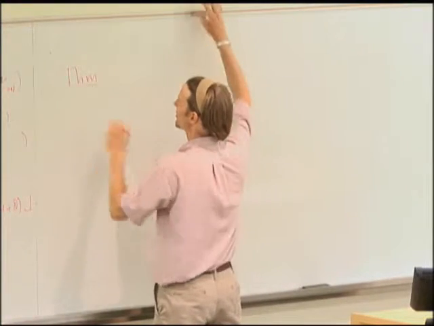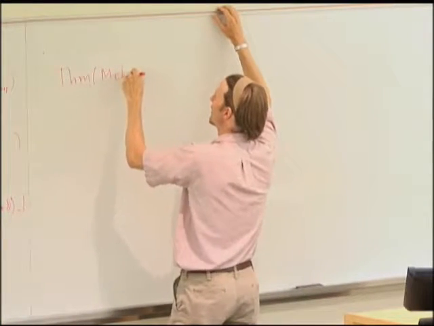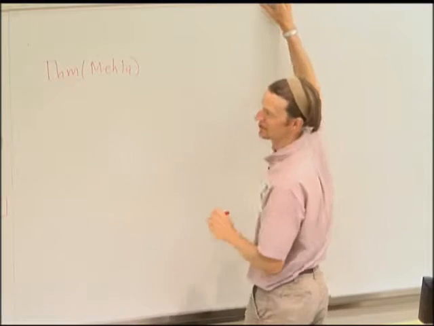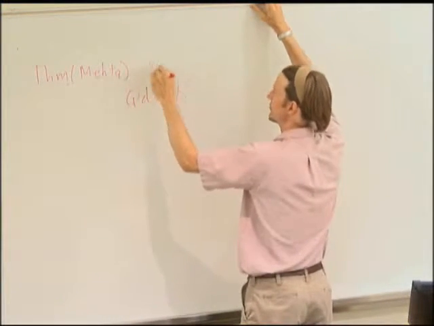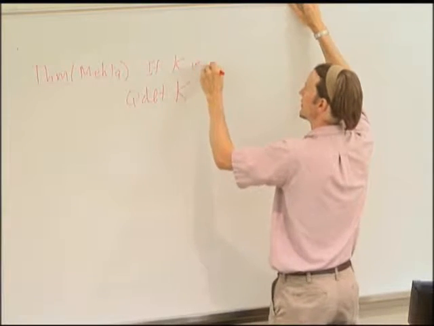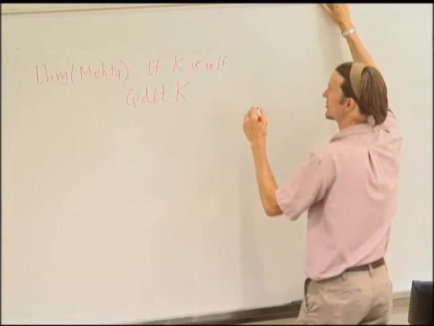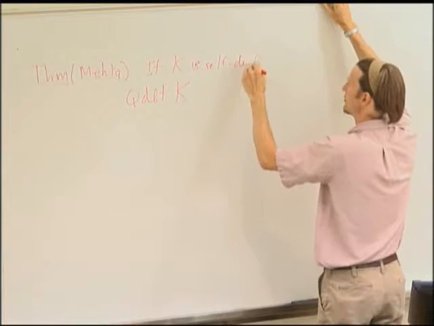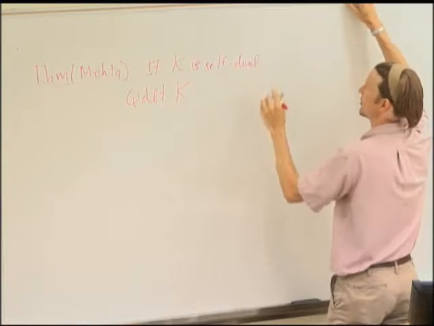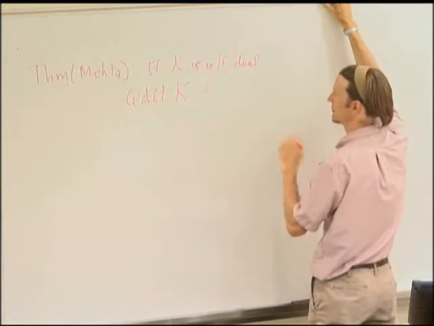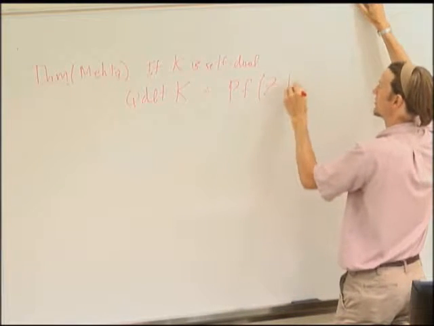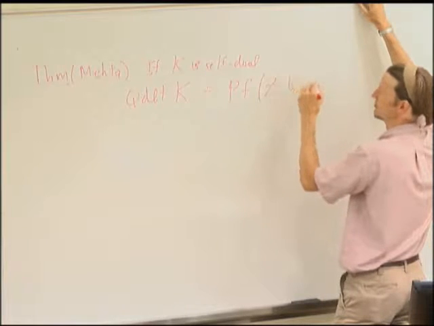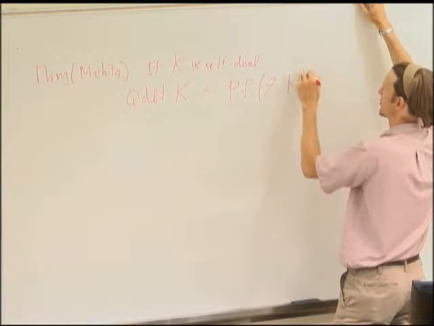That's right. So the theorem, which is due to Mehta, is that the Q determinant of K, if K is self-dual, is really going to be the Pfaffian of a certain matrix Z times K star.